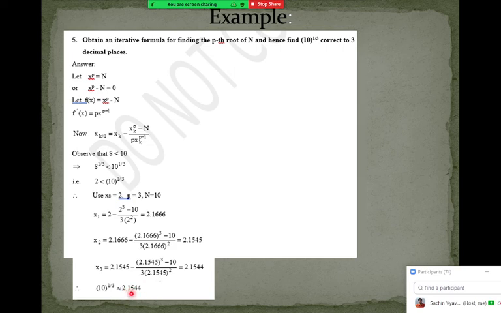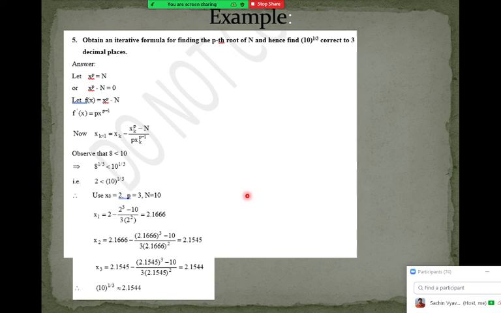If you take x0 as 3, you may require 5 to 6 iterations. So it is better to take x0 as 2 only. But if you take x0 as 3, it's not wrong. You may have to do 5 to 6 iterations, maybe 4 iterations also, one more iteration only. So try that calculation with 3 and you'll come to know how many iterations you have to do. So that is our last method, Newton-Raphson method.